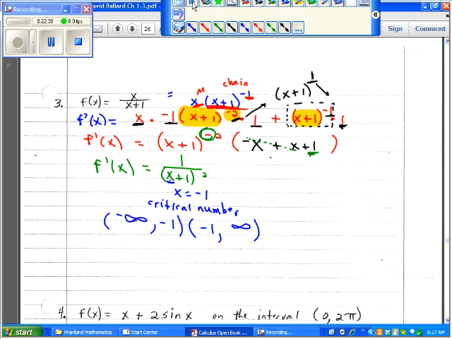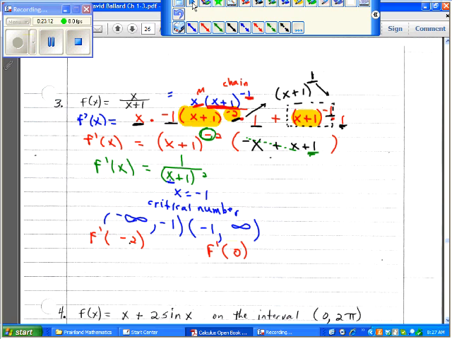Increasing or decreasing, by finding out whether the first derivative value is positive or negative within that interval. So we're going to find the f prime value within this first interval, and -2 would be in that interval. And we're going to find the f prime value in the second interval, and 0 would be in that interval. We're just trying to determine positiveness or negativeness.